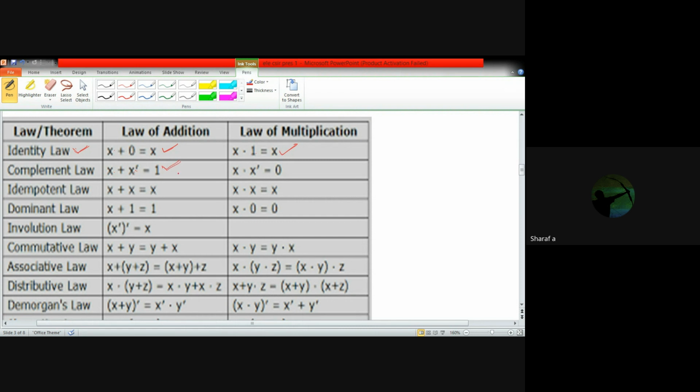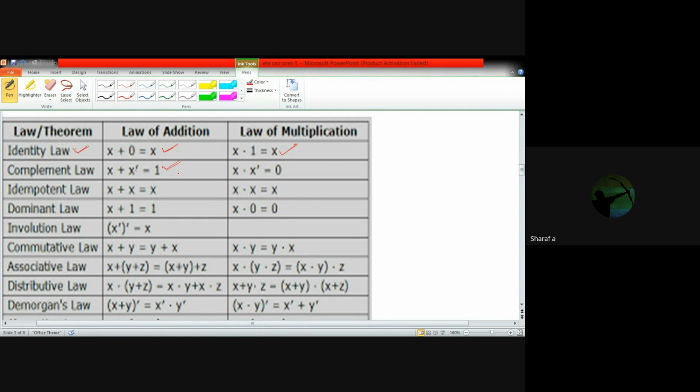You can substitute values to check. If x equals 0, the expression is 0 plus 1 because x bar becomes 1, which is 1. If x equals 1, it becomes 1 plus 0, which is also 1.